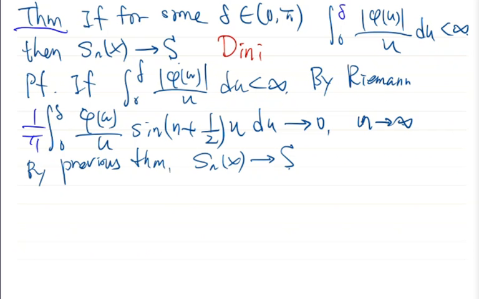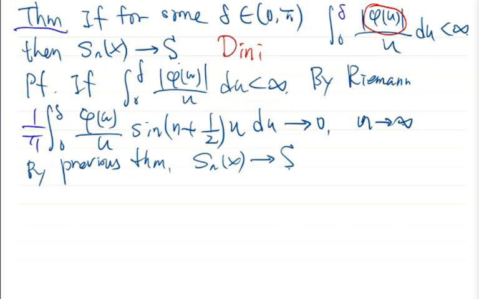Dini was an Italian mathematician. But the Dini theorem also involves the unknown s, because s appears in the expression of phi(u). So this is also not very convenient for application.